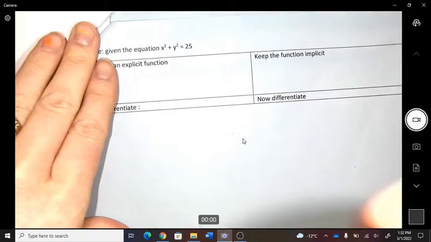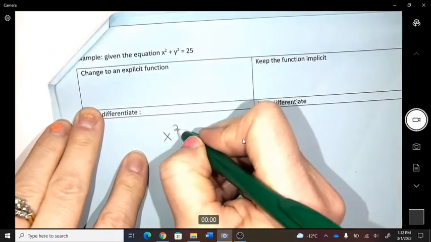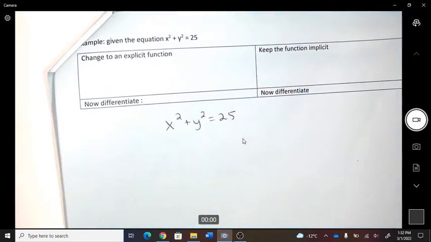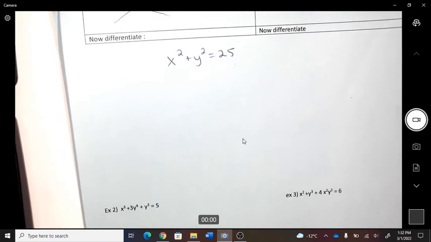I'm not going to do this. I'm just going to go straight to implicit. Okay, so ready? We're going to derive.